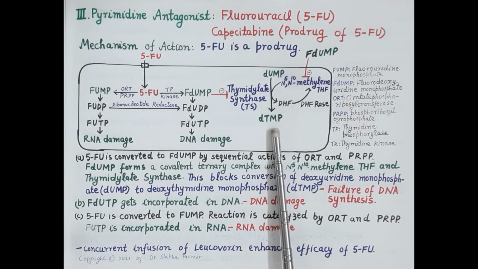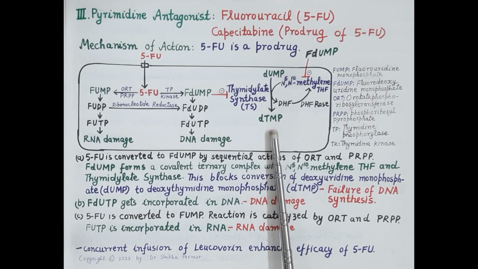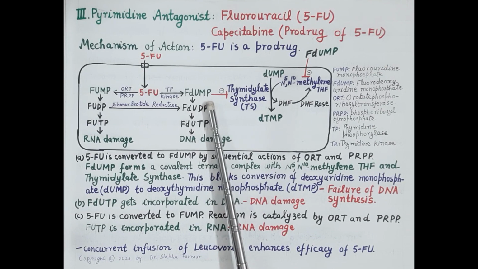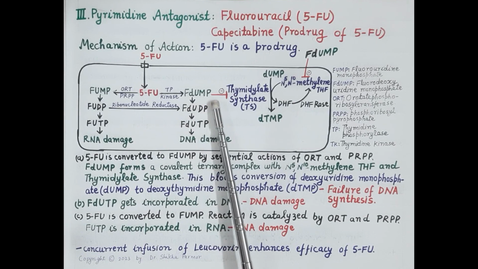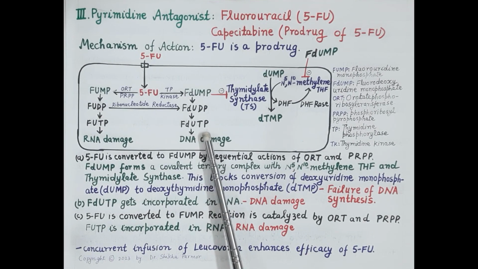So in this way 5-fluorouracil inhibits the synthesis of deoxythymidine monophosphate, a nucleotide that is very essential for the synthesis of DNA and DNA replication. Besides this, fluorodeoxyuridine monophosphate gets phosphorylated to fluorodeoxyuridine triphosphate, and this fluorodeoxyuridine triphosphate gets incorporated in the DNA that is being formed, and thus it damages the DNA.